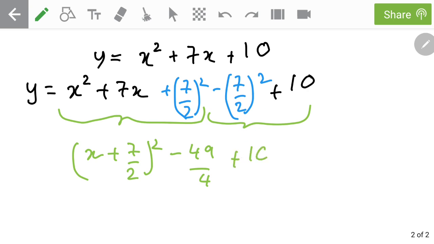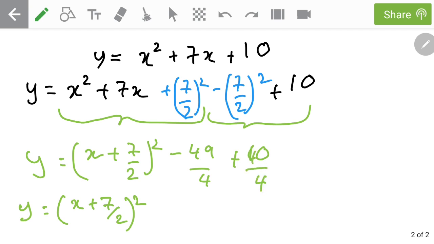You've got a plus 10. This is your y. Therefore the final answer is going to be x plus 7 over 2 squared, and then negative 49 over 4 plus 10, which is 40 over 4, so negative 9 over 4.